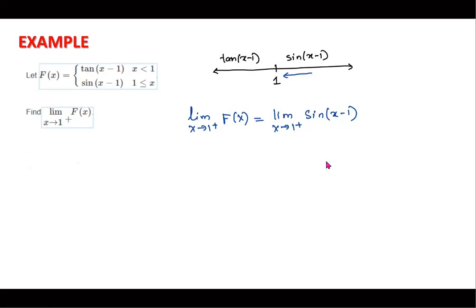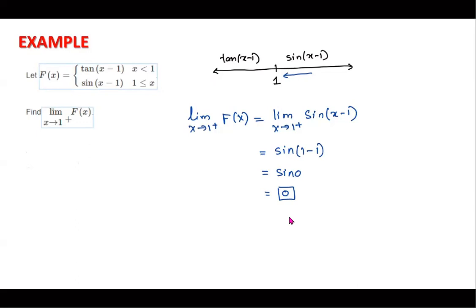So we can make direct substitution here. It will be sine of 1 minus 1. That becomes sine 0, and you know that sine 0 is 0. So the limit of this function when we approach 1 from the right is 0. That is your fifth example.